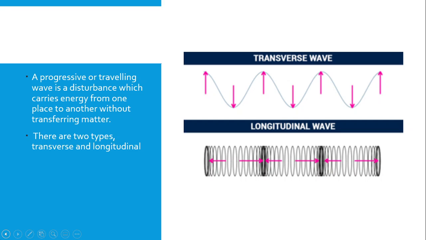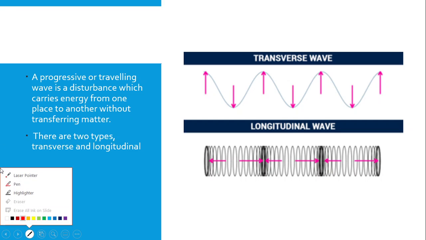As I initially said, there are different types of waves. The two main types of waves are transverse waves and longitudinal waves. What exactly classifies them is the movement of their particles. In transverse waves, the movement of particles is perpendicular to the direction of the propagation of waves.